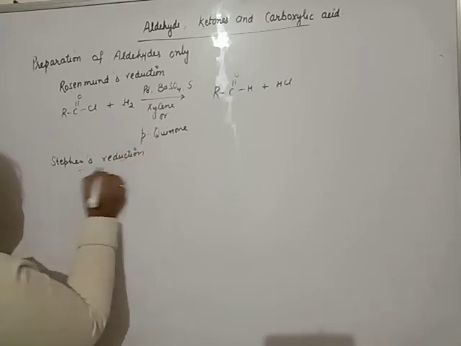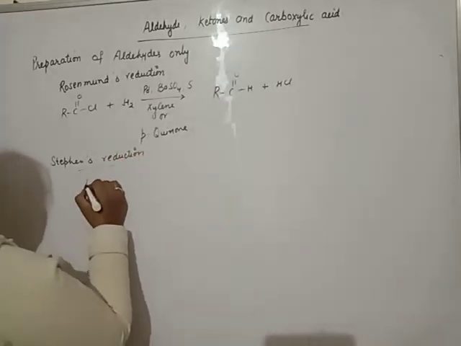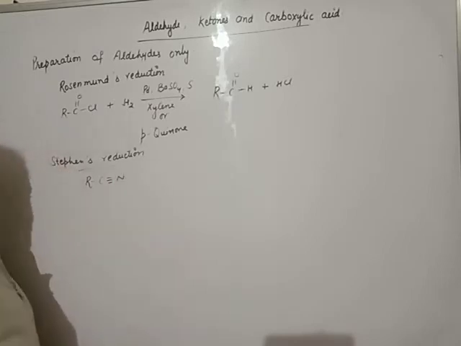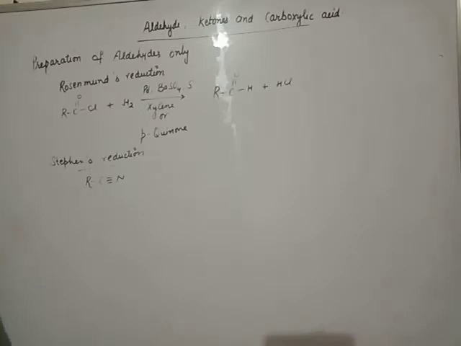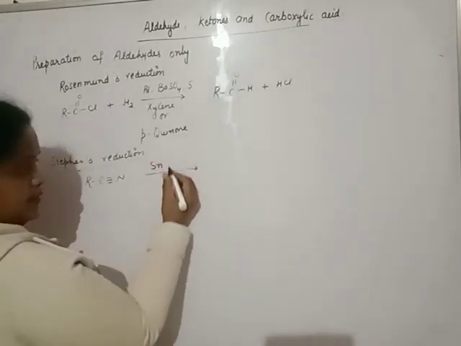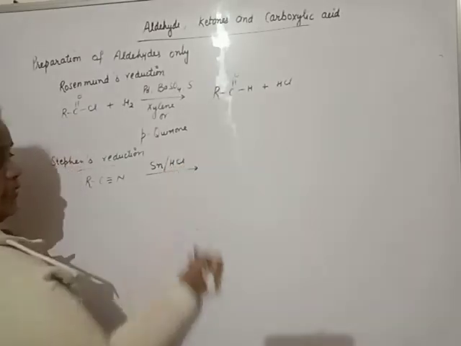Beta, Stephen's reduction. In this case, alkyl cyanide is treated with strong reducing agent, tin in HCl.